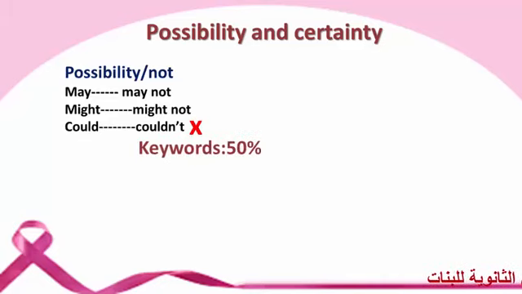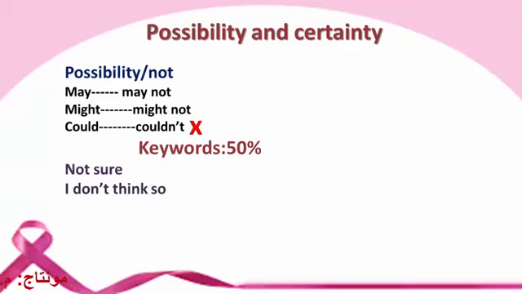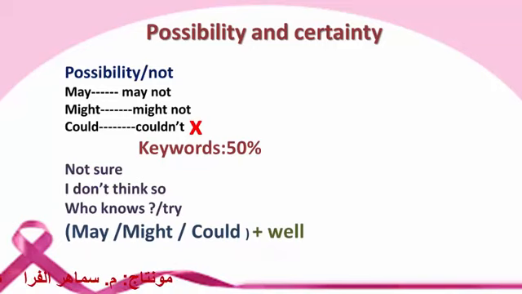There are many keywords that help you describe possibility of only 50%. They are: not sure, I don't think so, who knows, and the verb try or let's try.